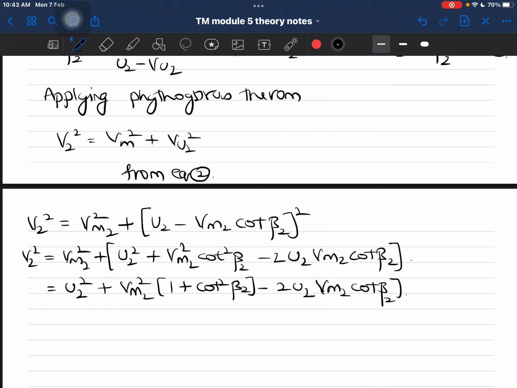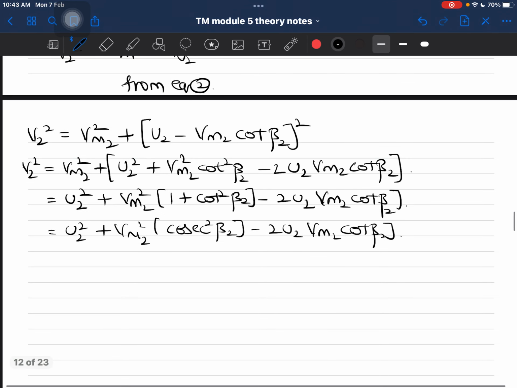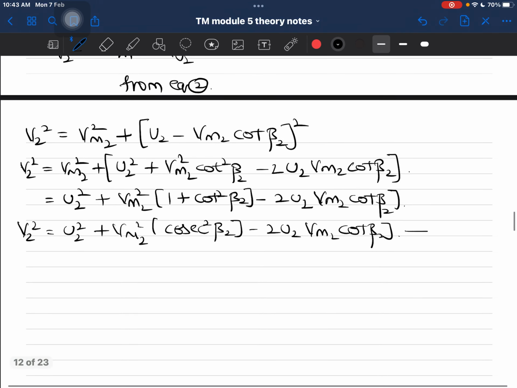Now I guess you know the value of 1 plus cot square beta 2. It is cosec square beta 2. So I will be writing this as Vm2 square cosec square of beta 2 minus 2 u2 Vm2 cot beta 2. Now you are marking this particular equation as equation number 3.